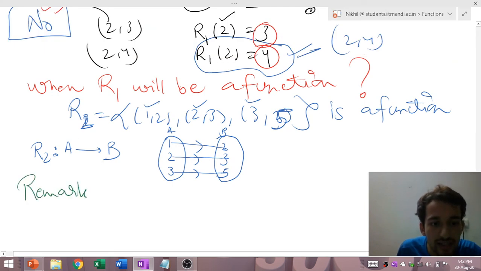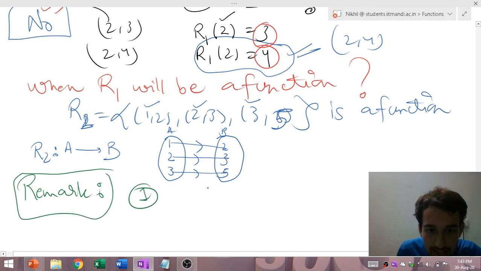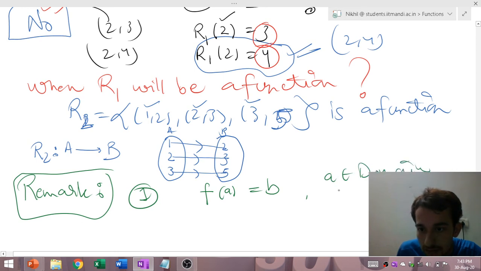A remark means there is something important, an observation. If I write f(a) = b, then this a is an element of the domain and this b is an element of the codomain.